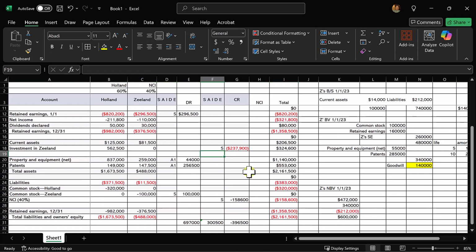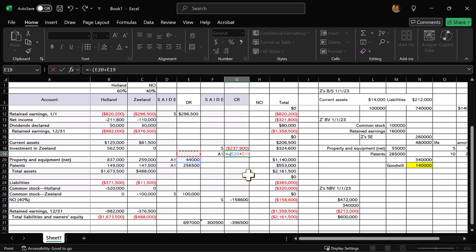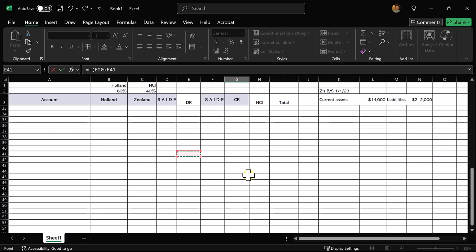And I'm going to have an A1. Let's write a line here. And that's a credit, so a minus. Taking the sum of these two debits here. If I can get to it, where am I?